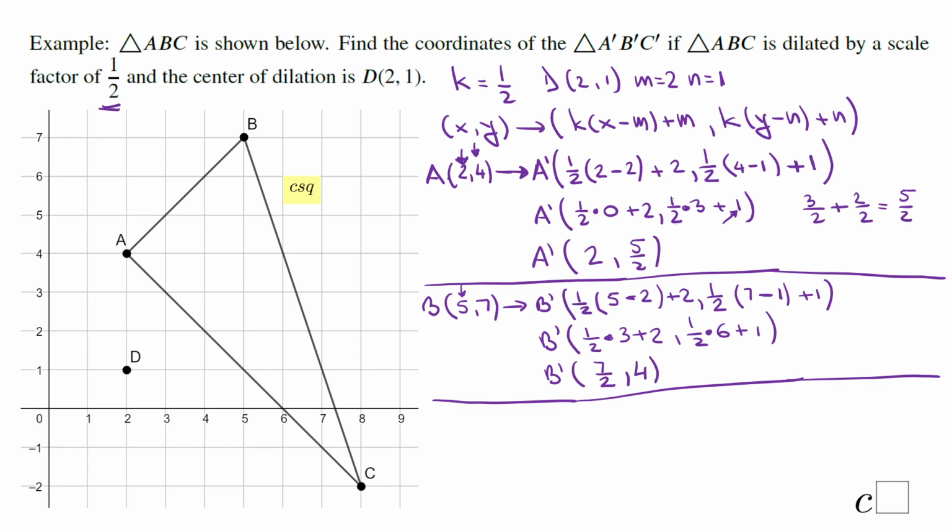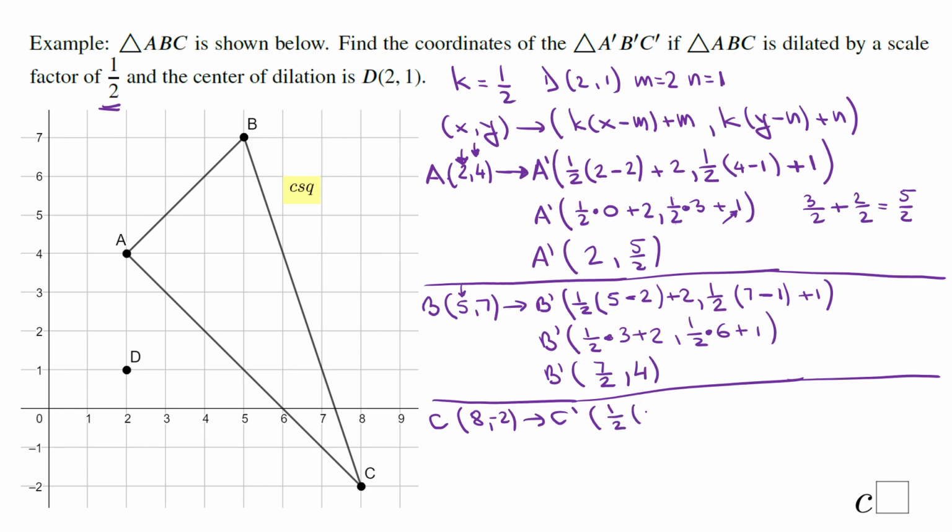Okay, now we have one more point, the last one, C. So let's see, C is 8 and negative 2. And let's see what C prime is going to be. C prime will be 1/2, again, the scale factor.